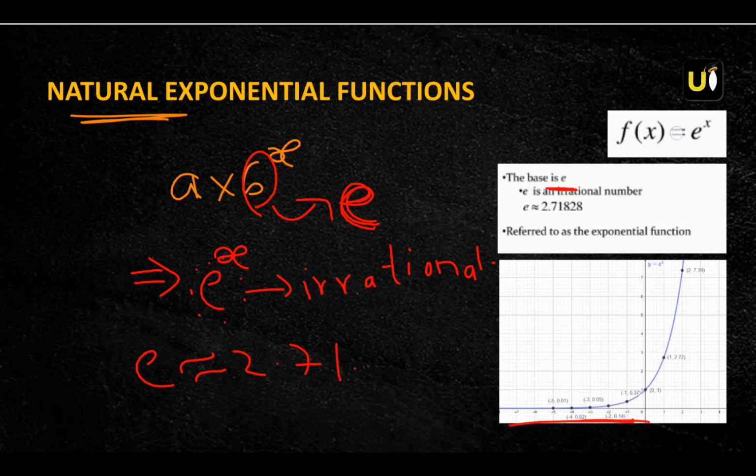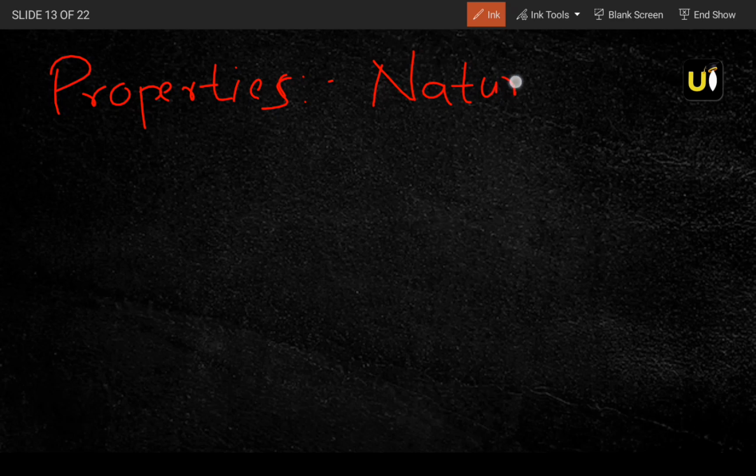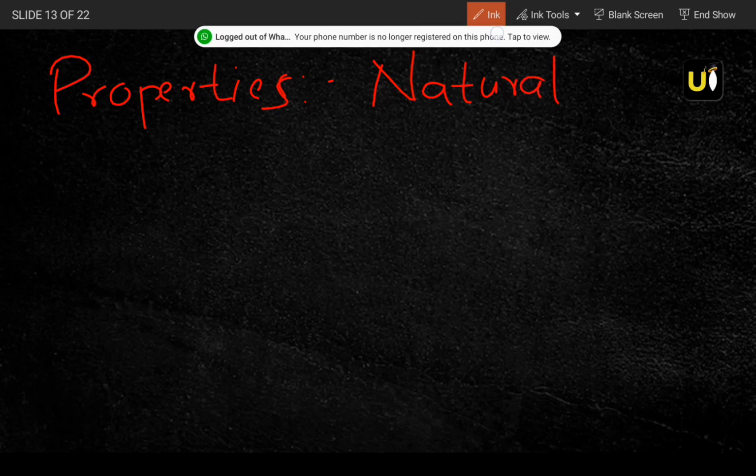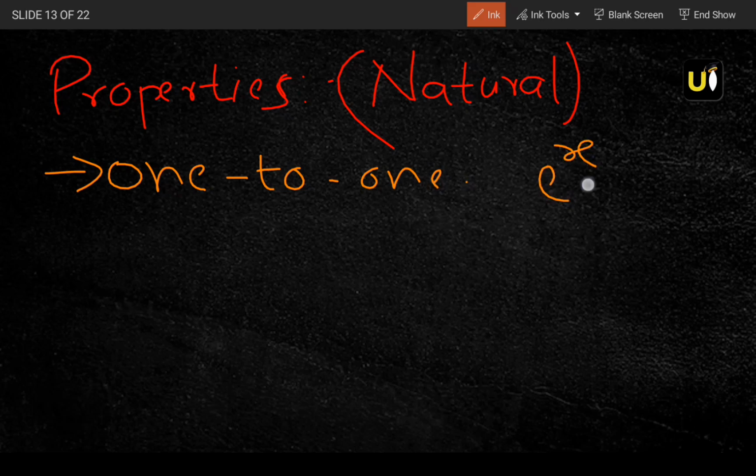See here, we are having some properties for these special, like for the natural exponential functions. Remember, natural. First thing, the function is 1 to 1. You will have a unique value of e of x for every different x value.